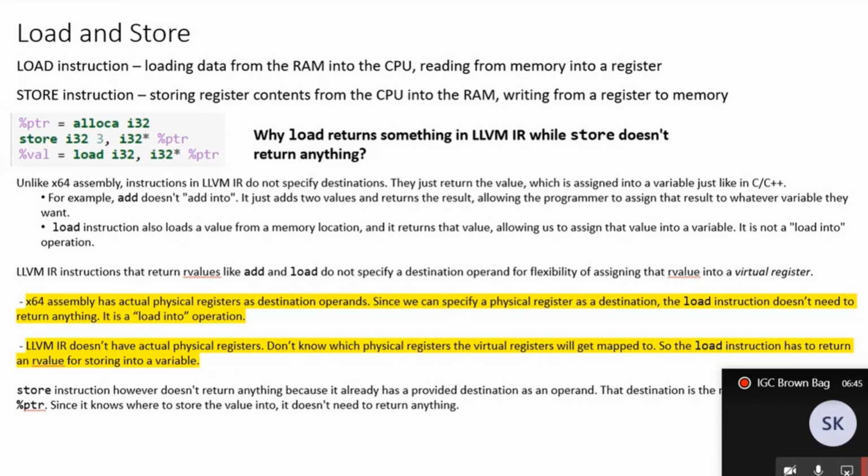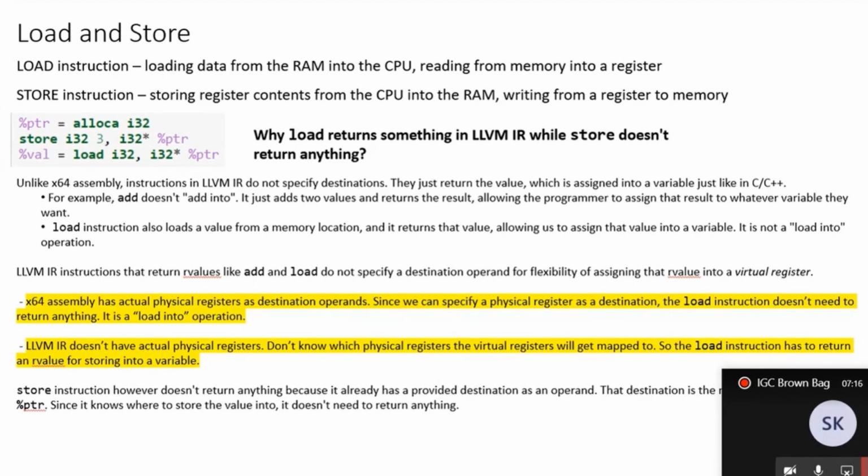They just return the value, which is assigned into a variable, just like in C, C++. For example, add does not add into. It just adds two values and returns the result as an R value, allowing the program to assign that result to whatever variable they want. Load instruction also loads a value from a memory location, and it returns that R value, allowing us to assign it into a variable.